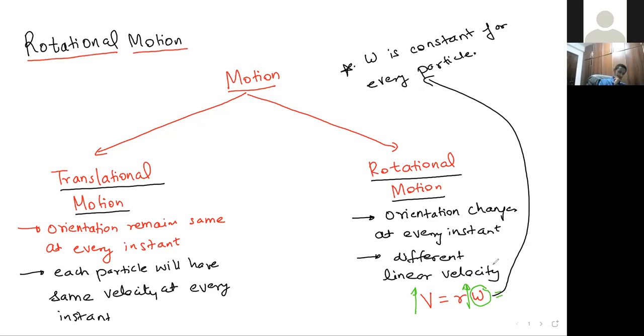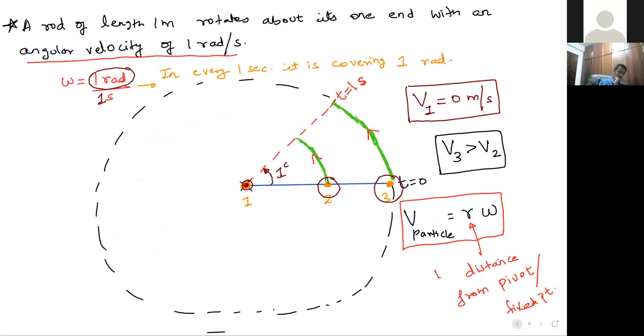So I have a small example for you. I want you all to understand this. Now we'll be talking purely about rotation. So I hope you understand what is the meaning of rotation and what is the meaning of translation, correct? Okay.